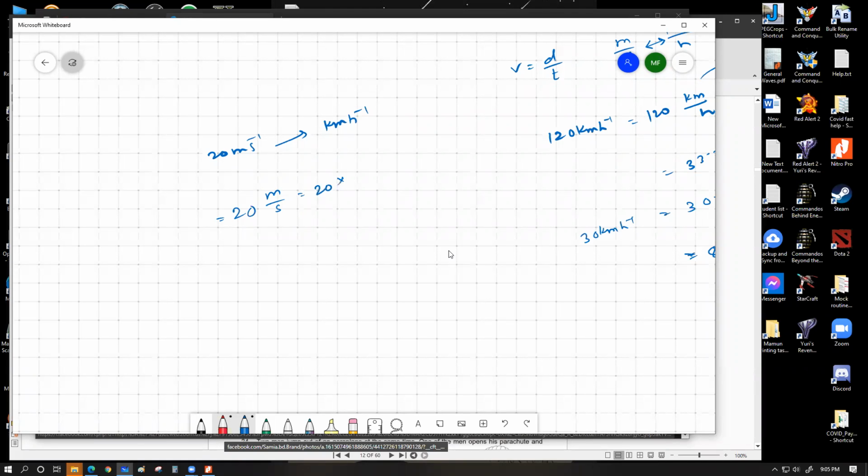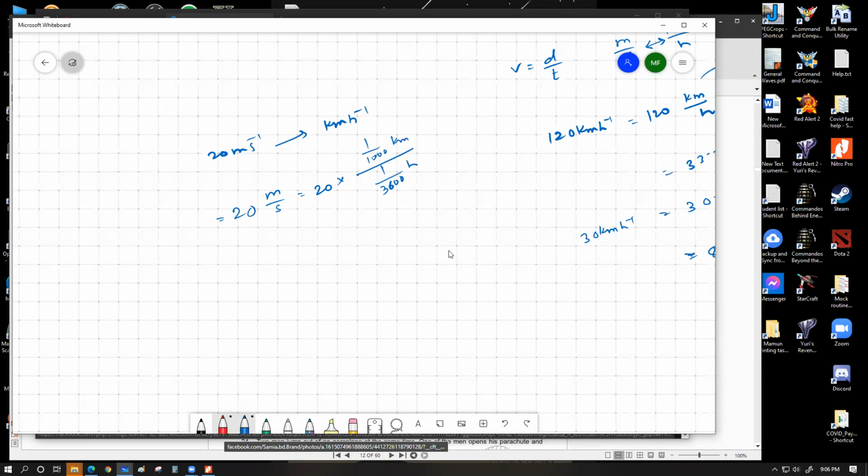20 multiplied by 1 by 1000 kilometer. 1 meter is 1000th part of a kilometer, so 1 by 1000. And then second, 1 second means 1 by 3600 of an hour.